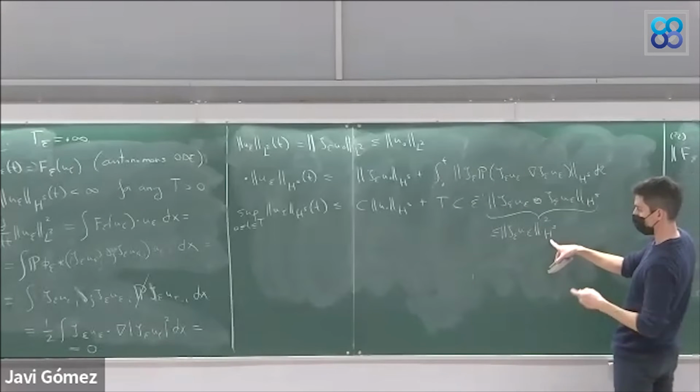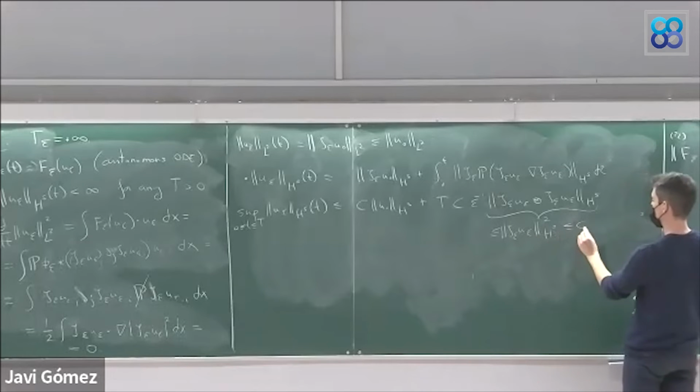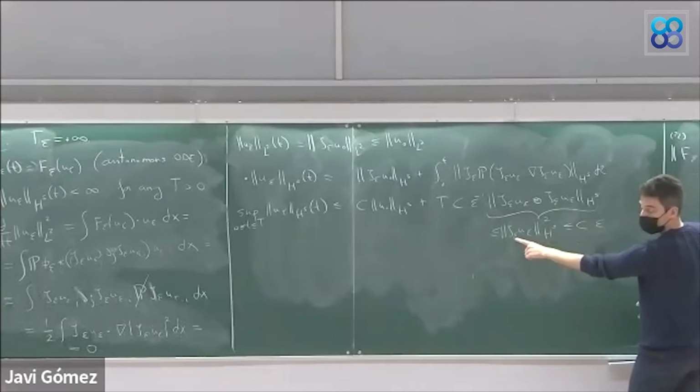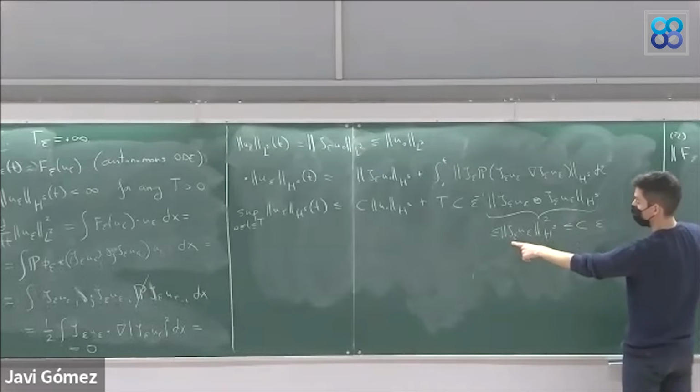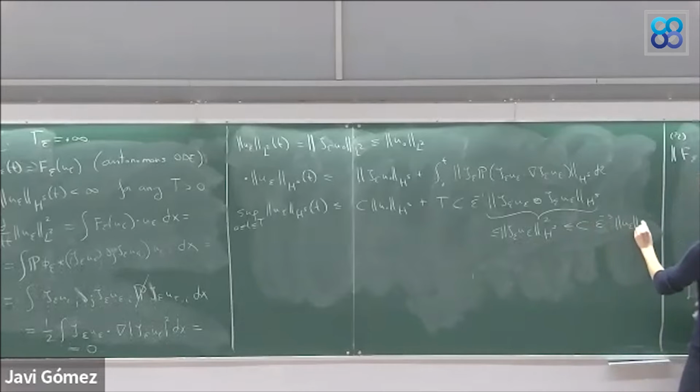And now I want to obtain a bound that doesn't depend on the HS norm. This is less or equal than, using that we have a modifier, we put the derivative on the modifier, we pay a price of epsilon to the power s.